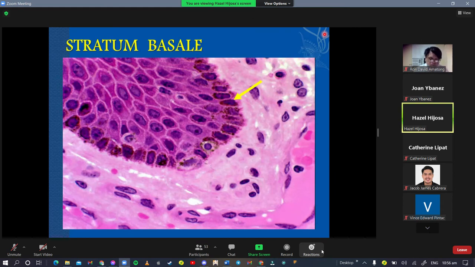Tyrosinase, Doc. Okay, then from DOPA, it is converted to melanin. These melanocytes will donate the melanin pigment to neighboring keratinocytes.